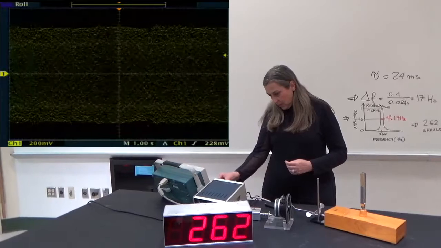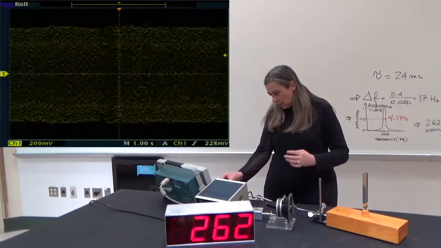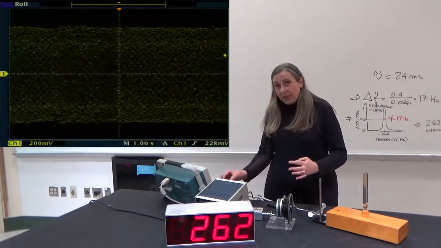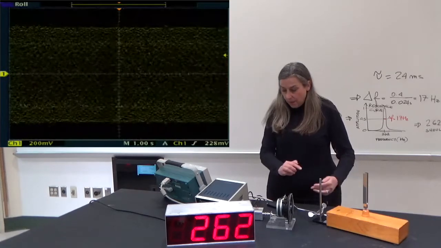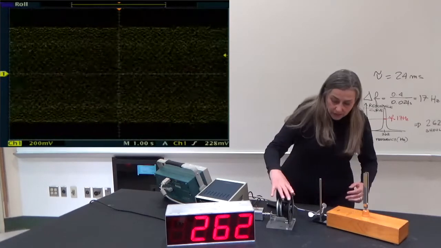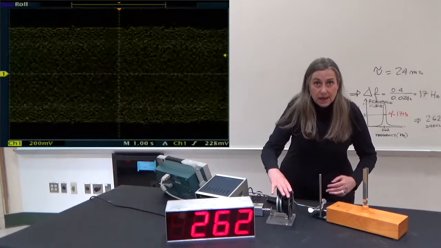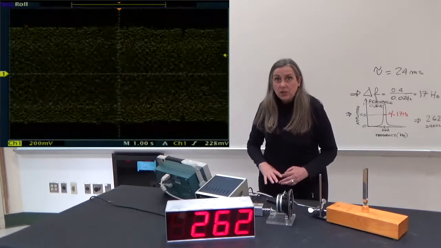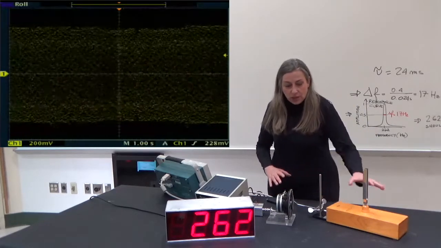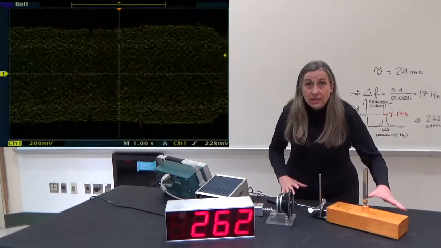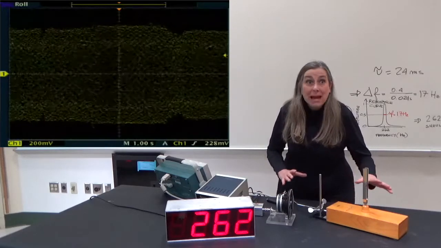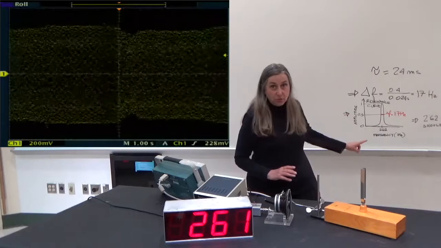The frequency generator is at 262. And we are actually, with this speaker, emitting a sound at 262 Hertz. So this tuning fork is resonating at its resonance maximum, the top of the resonance curve.